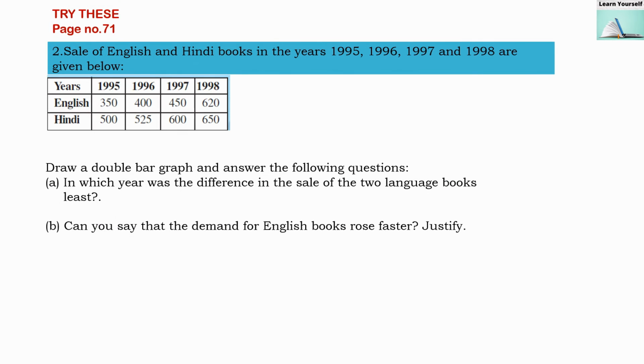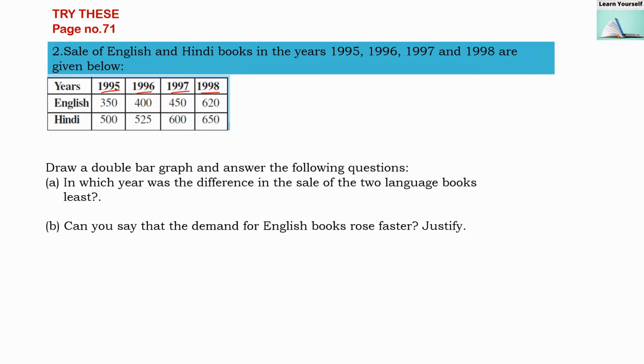Try these sums from page number 71. This is the second question. Sales of English and Hindi books in the years 1995, 1996, 1997 and 1998 are given below. We have this table here in which these are the years, and during these years we have the sale of books in Hindi and English.